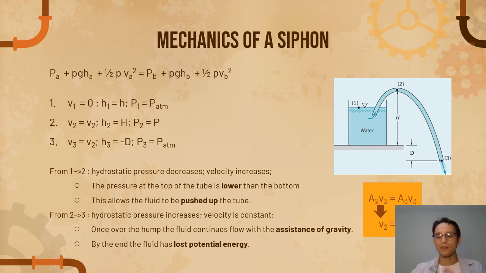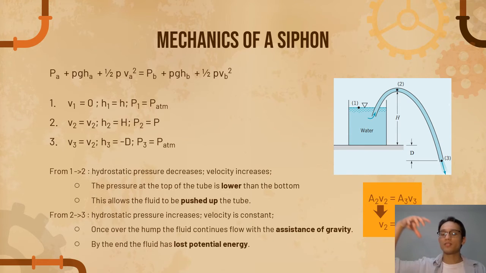So I wanted to describe a little bit more intuitively what is happening here. From point 1 to 2, there is a decrease in your hydrostatic pressure and velocity increases. Thus, the reason why the water flows up the tube is because at the bottom in your reservoir, what you have is higher pressure.